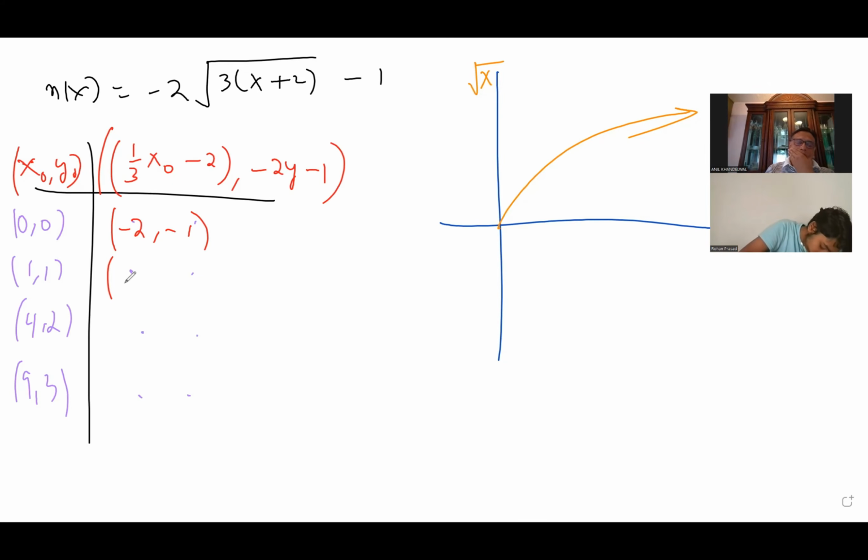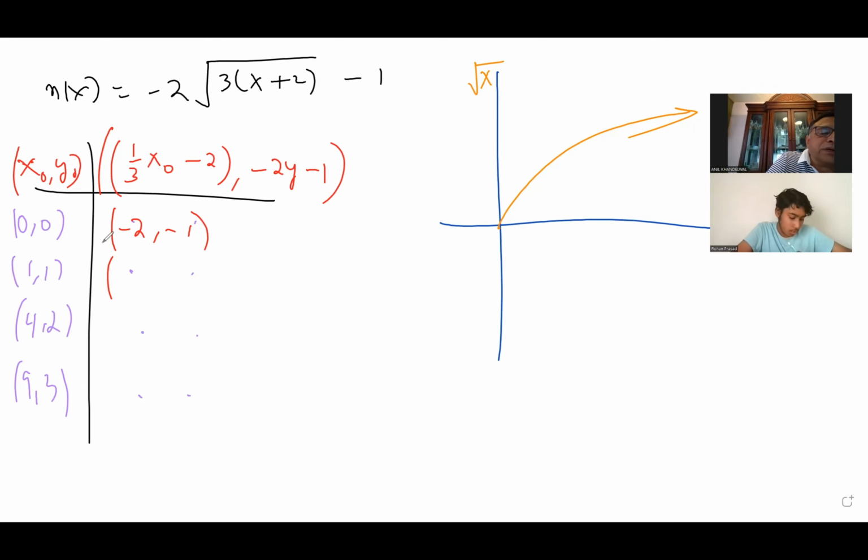And 1/3 multiplied by 9 minus 2, by negative 2 multiplied by 3 minus 1, equals 3 minus 2, by negative 6 minus 1, which equals 1 by negative 7.